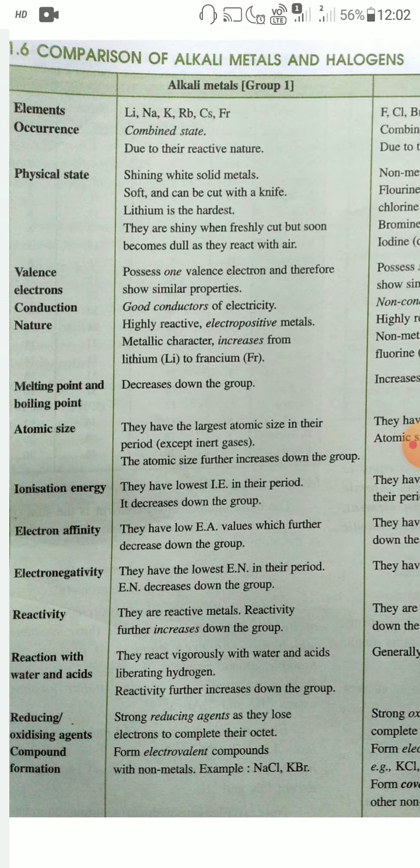Second, physical state. Alkali metals are metals, therefore they are shining white solid metals, soft and can be cut with a knife. Lithium is the hardest among them.